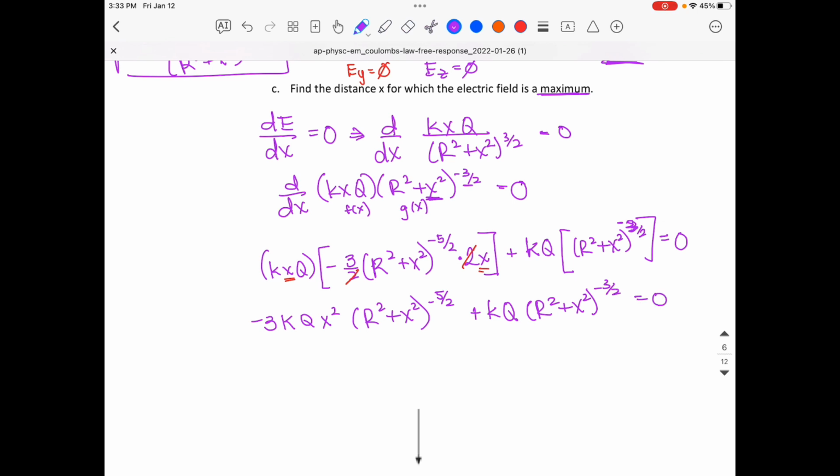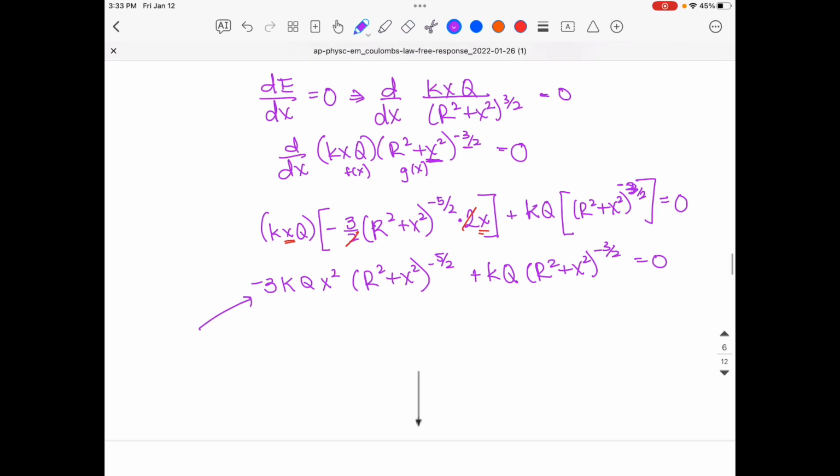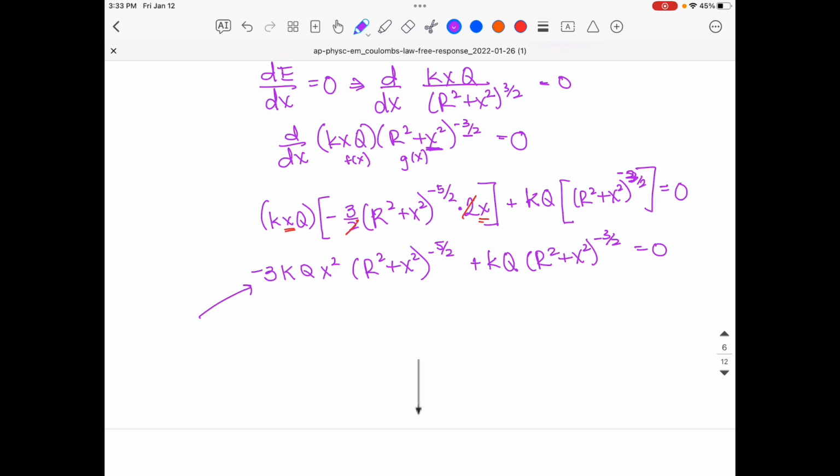Since this is negative, I'm going to add that to the other side so I don't have to work with any negatives, and I end up with kq times r squared plus x squared to the negative 3/2 is equal to 3kq x squared times r squared plus x squared to the negative 5/2.